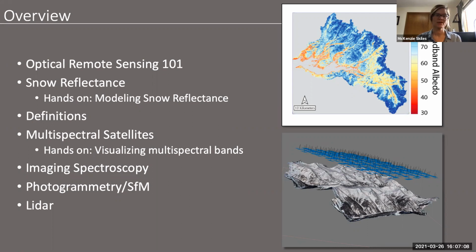We'll get into some useful definitions to understand when talking about snow remote sensing. And then we'll go into specific techniques or applications. So starting with multispectral satellites, then imaging spectroscopy or hyperspectral remote sensing, and then photogrammetry and structure from motion, and LiDAR. These are some sneak peek figures here.